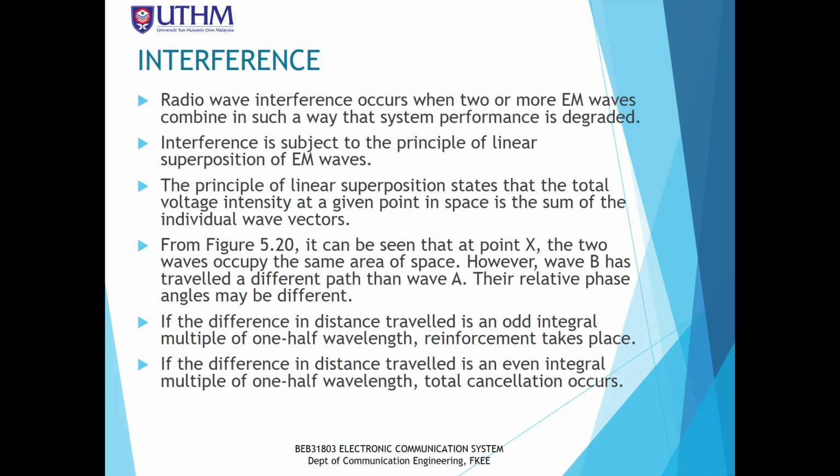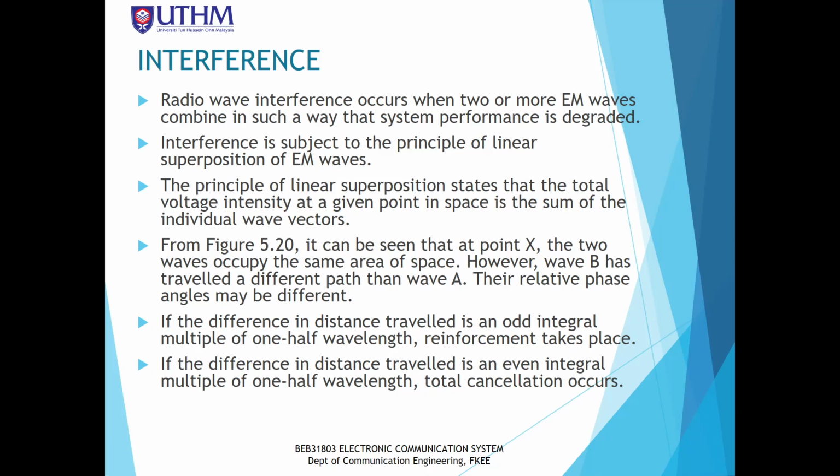Interference is another signal that has the same frequency as our signal. So that signal will be called the interference. The collision of two different signals that have the same frequency, this is what we call interference.